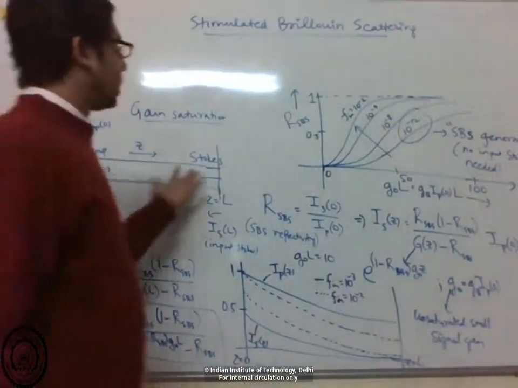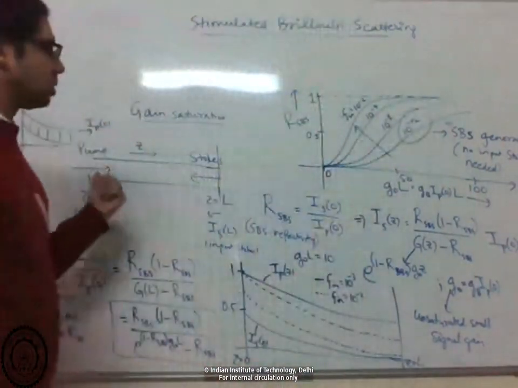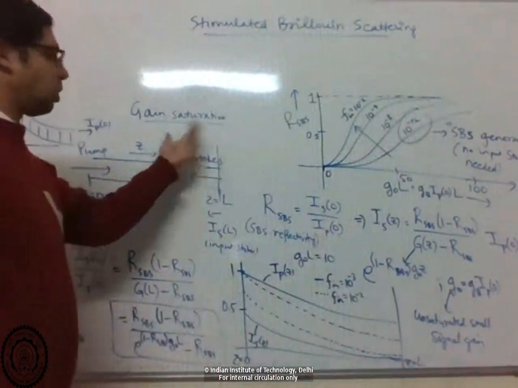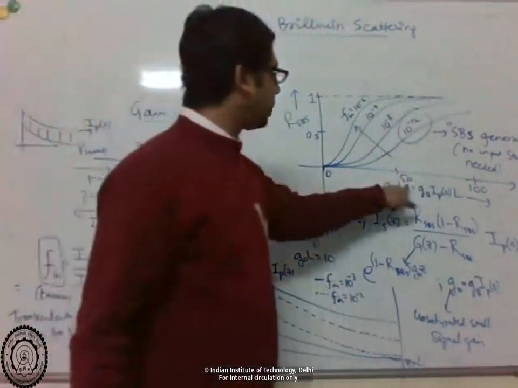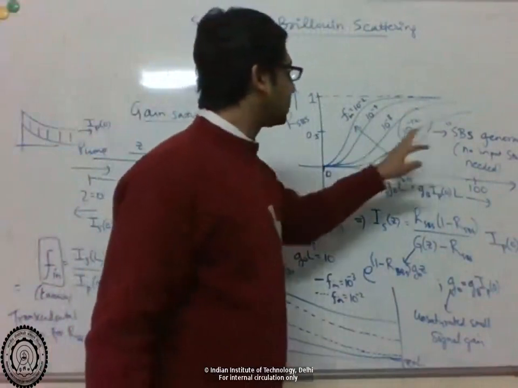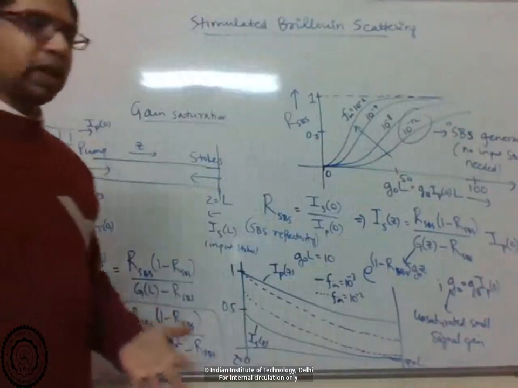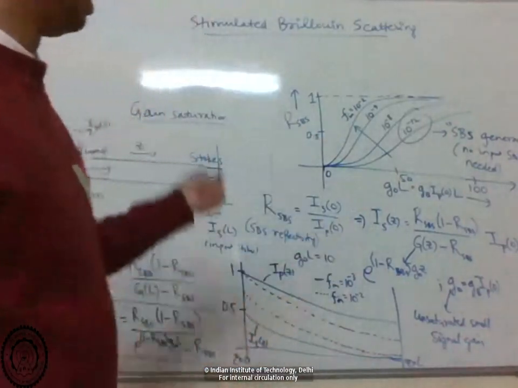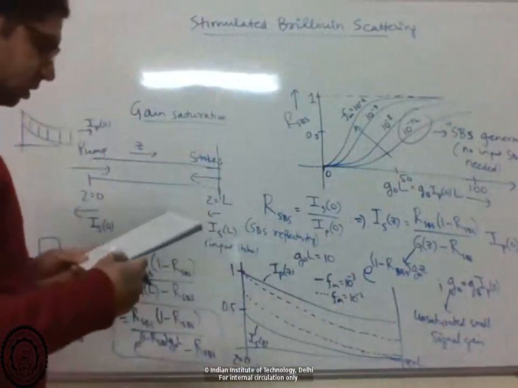So, for example, you can generate a microwave signal by beating the pump and Stokes, but you don't need to have a Stokes. You can just start with a pump. And if you have enough pump power, then the gain becomes so large that the Stokes gets generated on its own, and then you beat these two on a photodiode and you get your microwave signal. Okay, so those are called SBS generators.